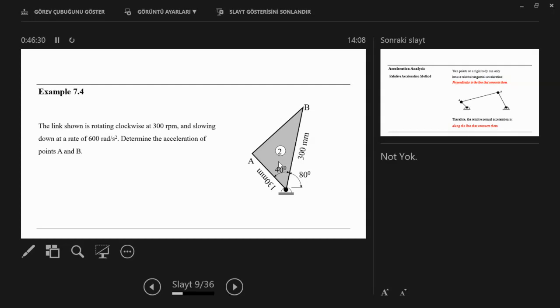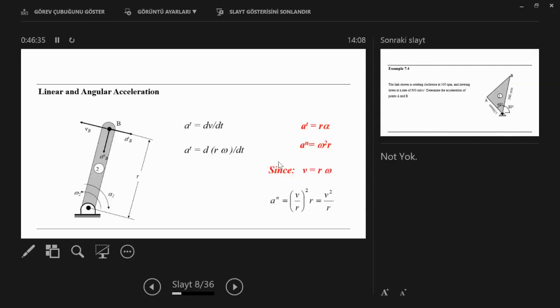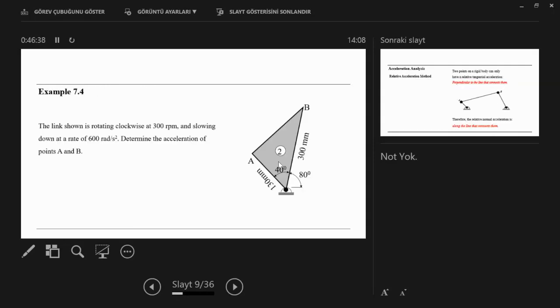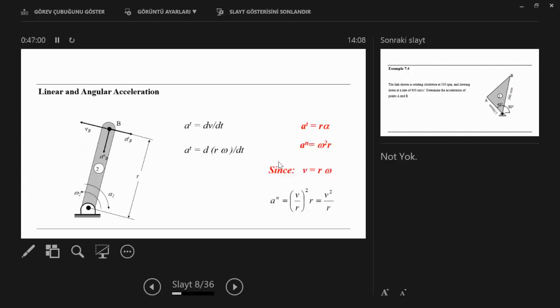R alpha, we learned already, we shouldn't forget it. Here, AT is equal to R alpha. Alpha is given, R is given, isn't it? Yes. And then AN is V square over R. Also clear.